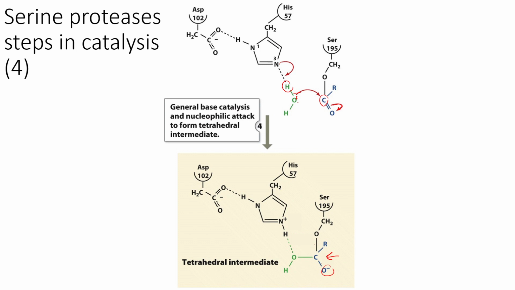And so this looks a lot like our other tetrahedral intermediate, except this side is no longer the other half of our protein, right? It's just the end of a water molecule, just an OH.